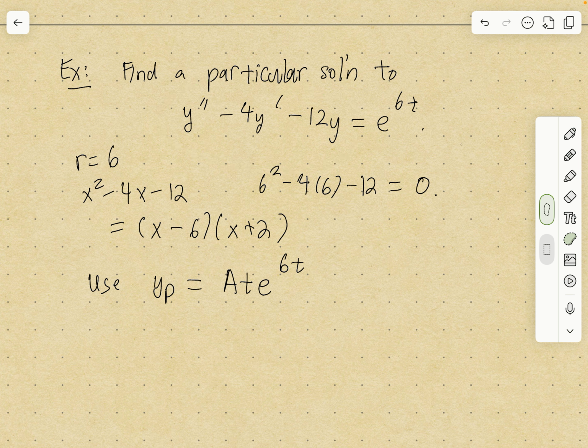You're not going to get the function e to the 6t. Okay? So one way to think about why we have to multiply by t is that a e to the 6t isn't going to work because we know that's a solution to the homogeneous equation. Right? That's going to give you 0 on the left, but we're trying to get e to the 6t.